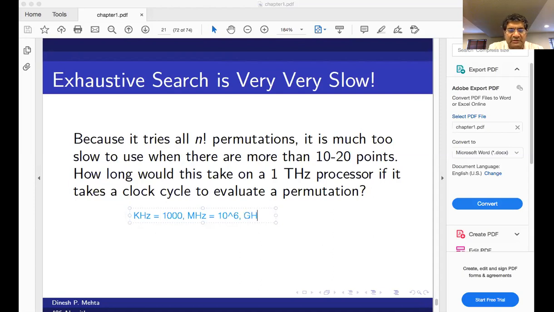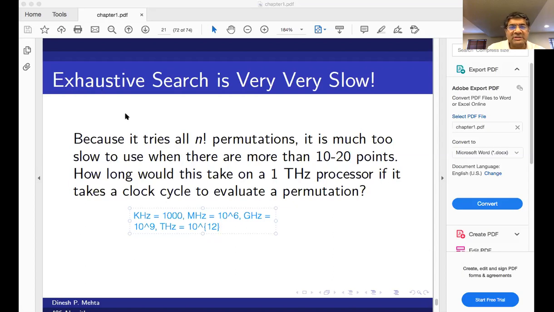A gigahertz would be 10 to the power 9. And the next one here is terahertz, and that's 10 to the power 12. This means you are running a trillion operations, or a trillion clock cycles, per second.